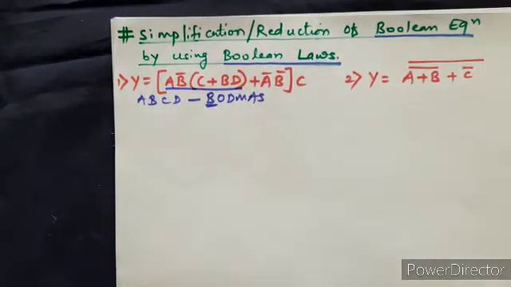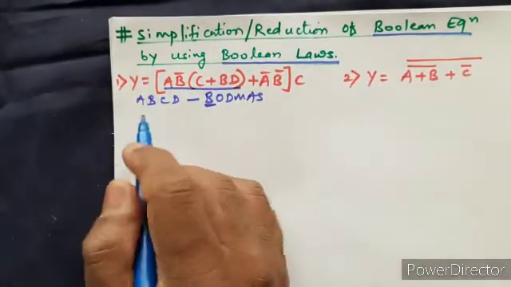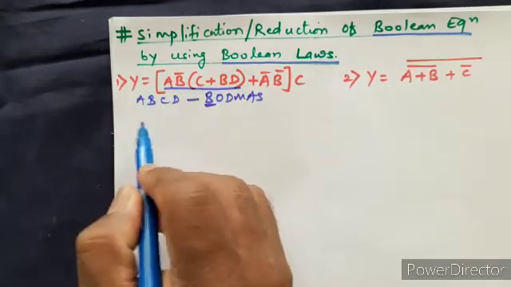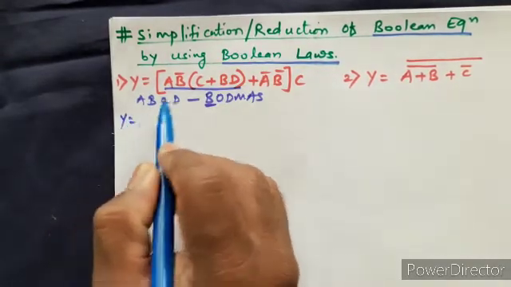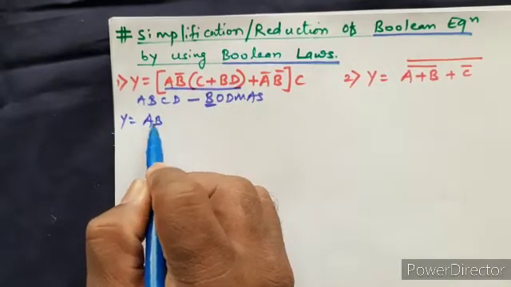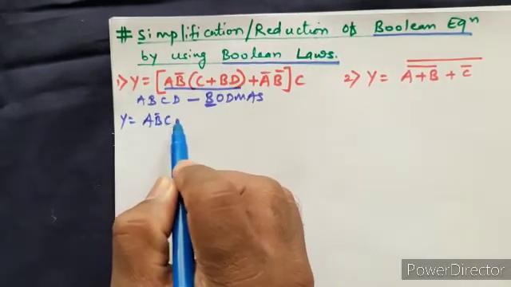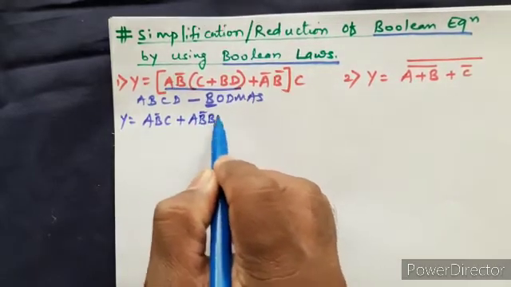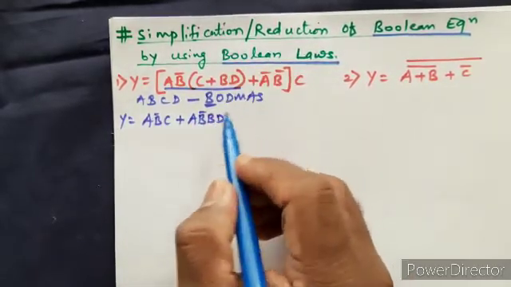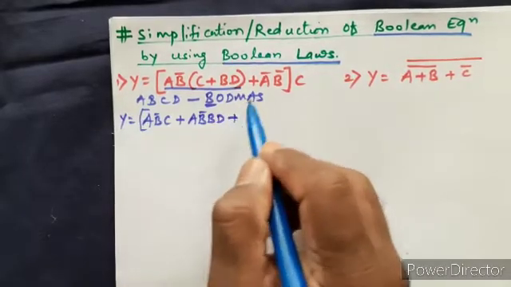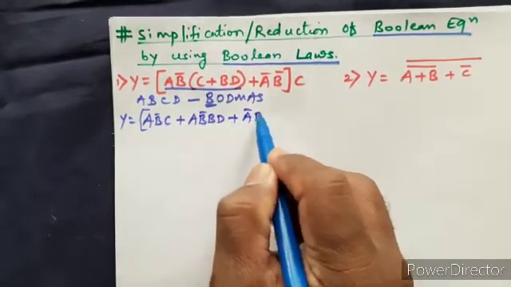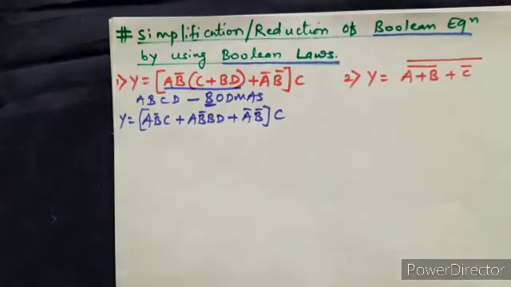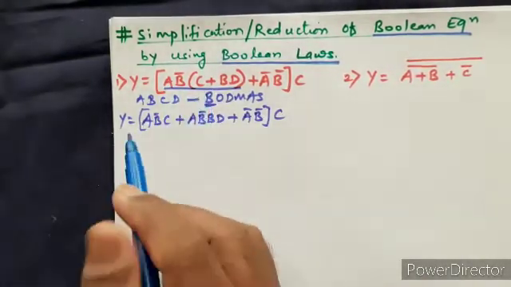With the help of the distributive law, y equal to a b bar c plus a b bar b d plus a bar b bar c. I will simply solve this bracket.